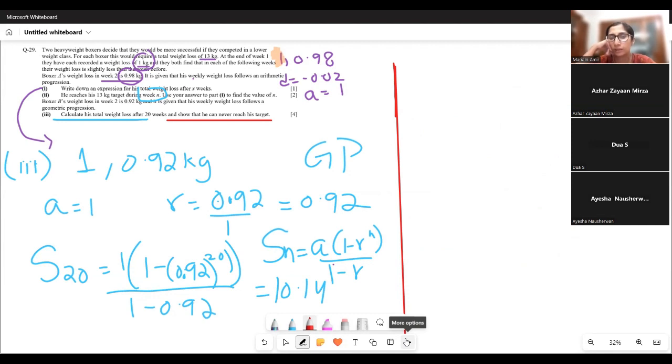The sum will be less than 13 with 20 weeks. But what about 25 weeks? What about 30 weeks? What about 80 weeks? What if he keeps doing this? Find the sum to infinity.